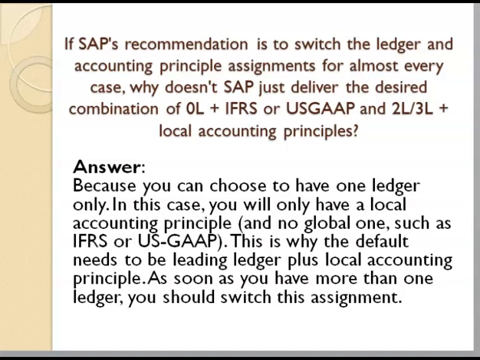Answer: because you can choose to have one ledger only. In this case, you will only have a local accounting principle and no global one, such as IFRS or US GAAP. This is why the default needs to be leading ledger plus local accounting principle. As soon as you have more than one ledger, you should switch the assignment.